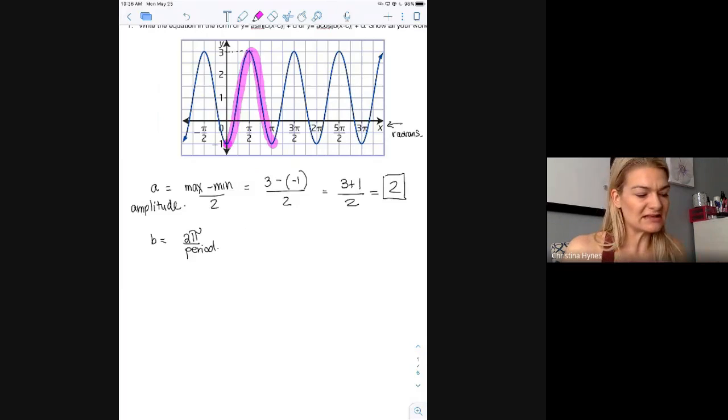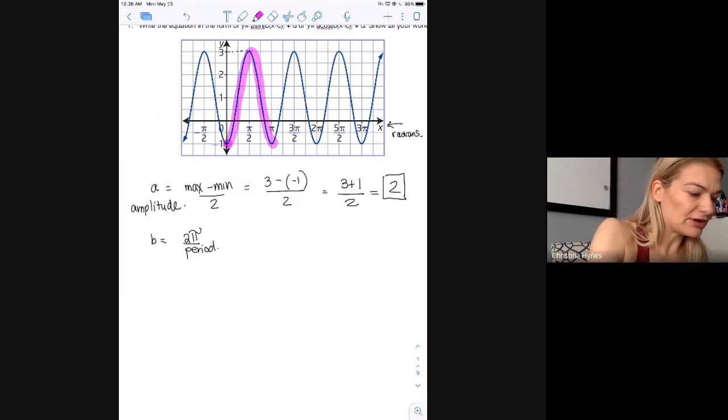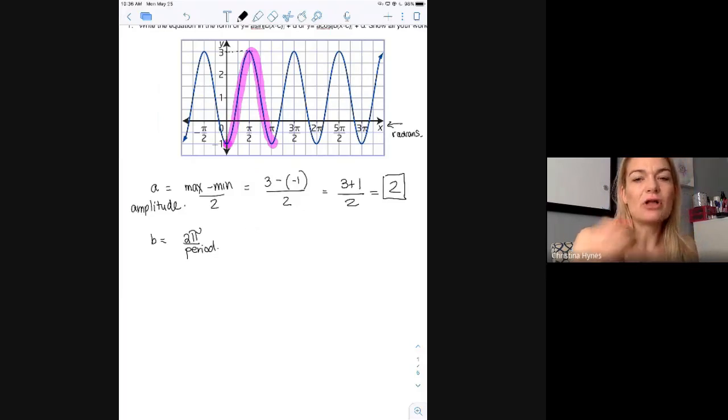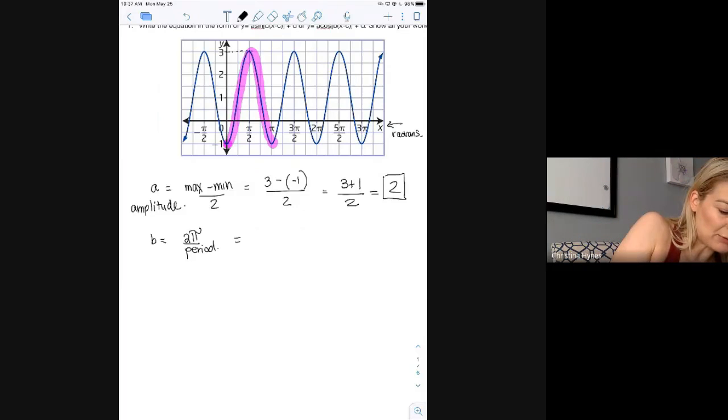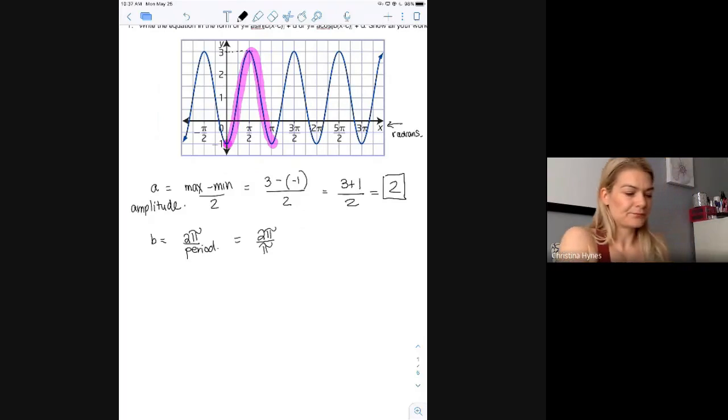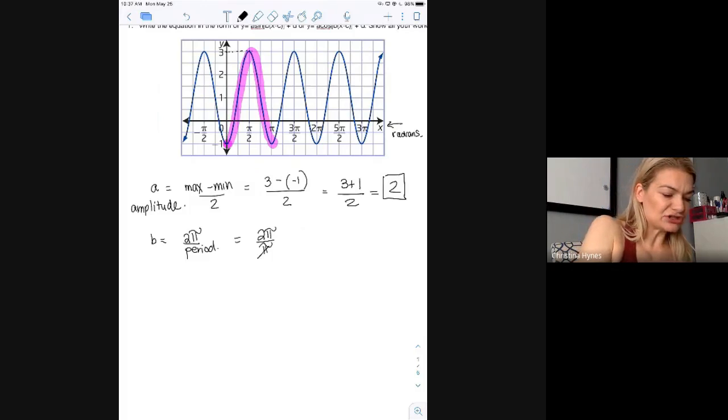So this is one cycle, one rotation around this circle. They're asking how long does it take to go around the circle? Well, this circle is actually a distance of pi. So I would go 2 pi divided by the period, which in my case is pi as well. Then you would just cross these off because those would simplify to give you the b value as 2.